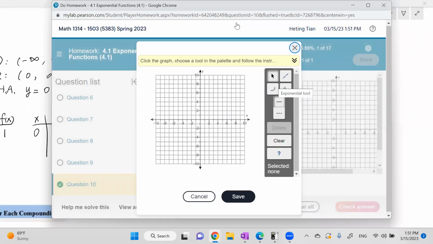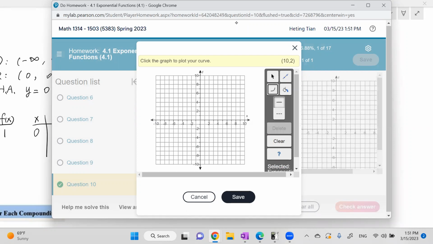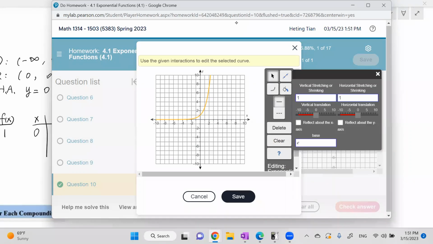First, I can select the exponential function, and then click the solid line here. And then I will plot the key points here. Then it shows us the transformation steps. Is there any vertical stretching or shrinking or horizontal stretching or shrinking? No. So we'll leave them blank.